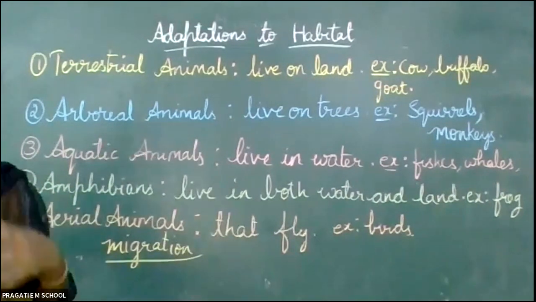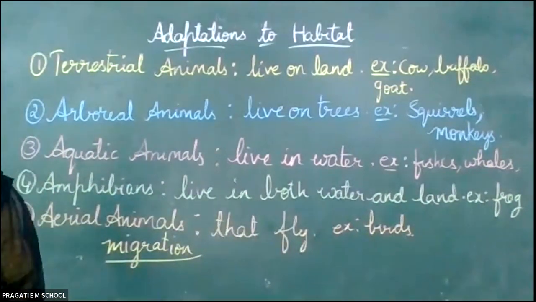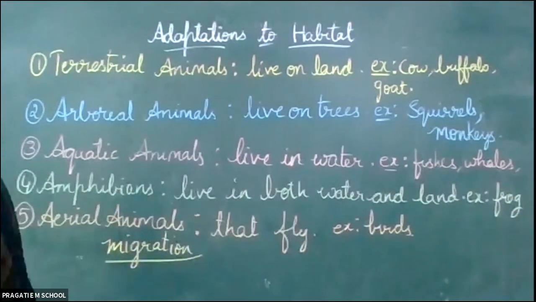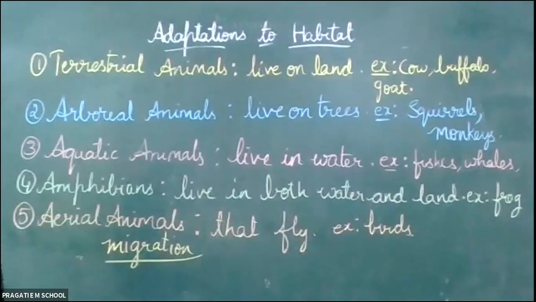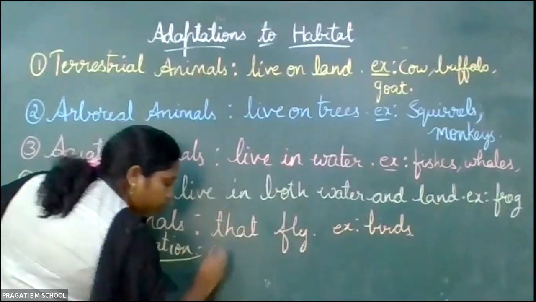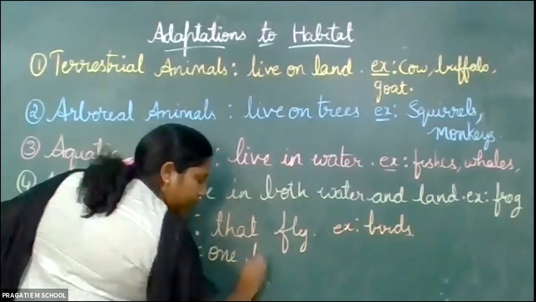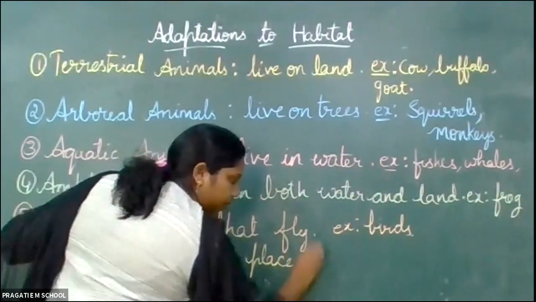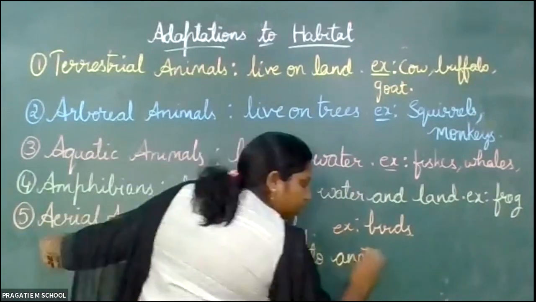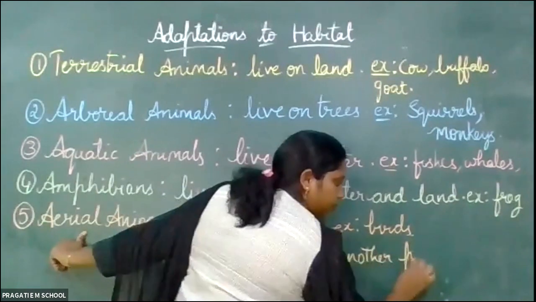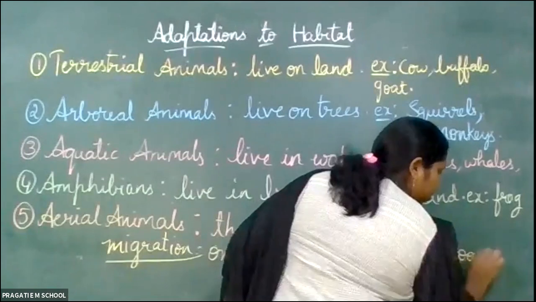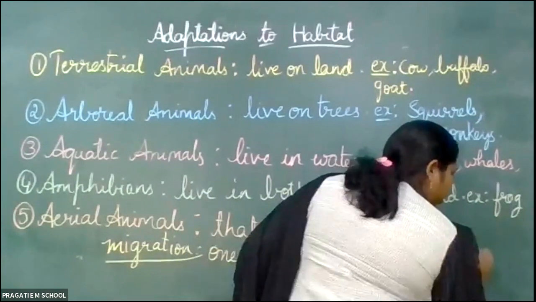Migration. What is meant by migration, children? The animals or birds that go from one place to another place for food.